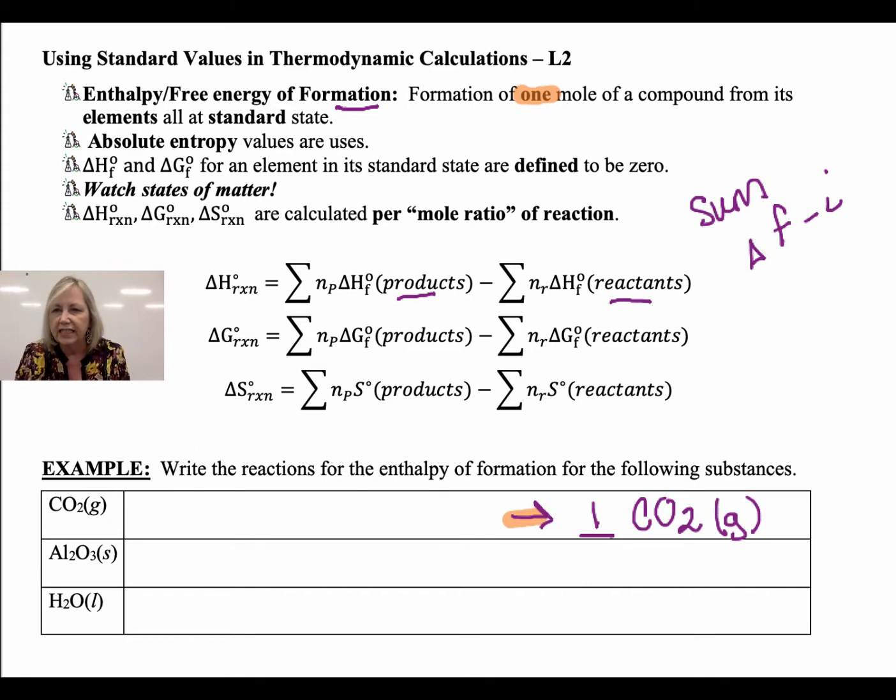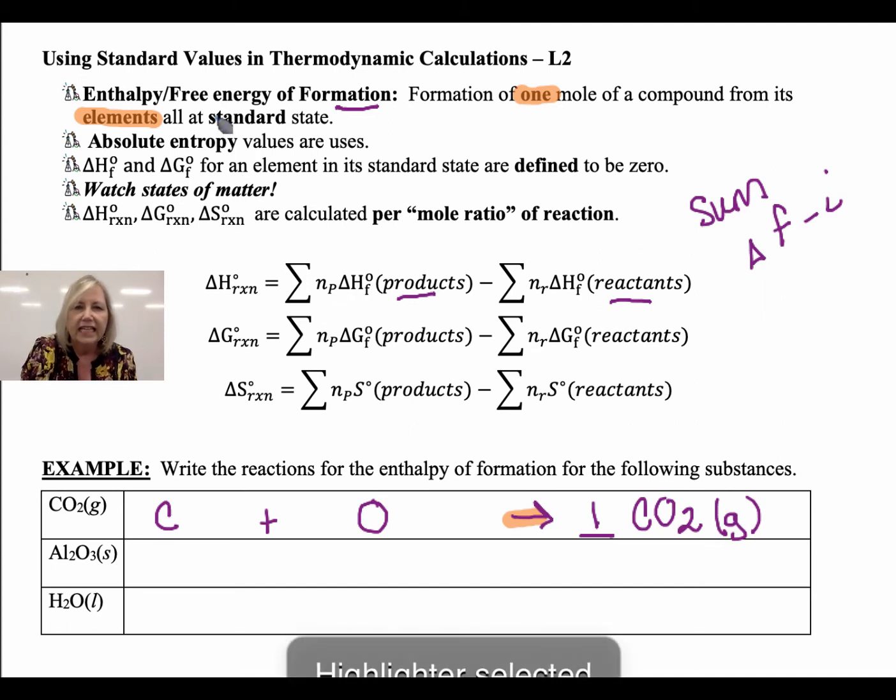The second criterion is that it has to be from its elements. So in this case, I have carbon and I have oxygen. Okay, so those are the elements that make this up. And then we have our third criterion. They need to be in their natural state at standard ambient temperature and pressure.